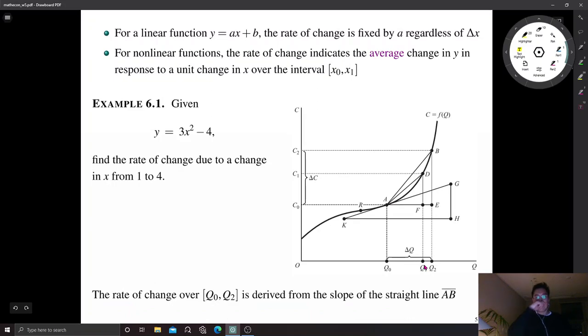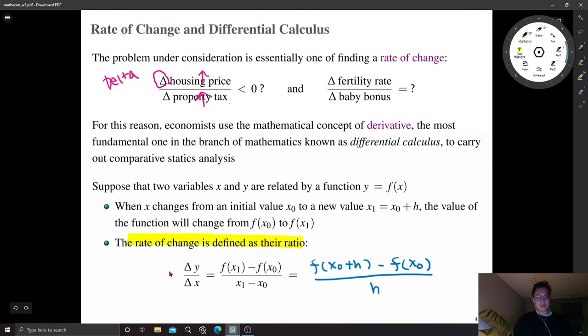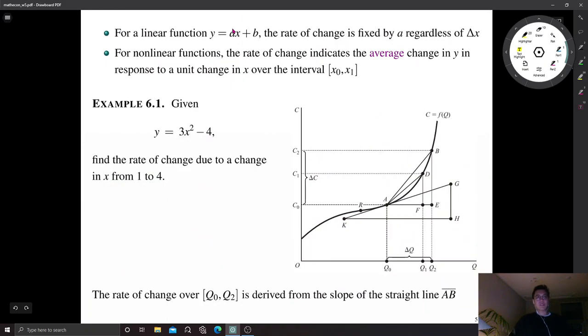All right, and I think you've seen this expression several times: change in y over change in x, and that is nothing but the slope of a linear function. So whenever y is given by ax plus b, meaning that y is increasing at the fixed ratio a whenever x increases or decreases.